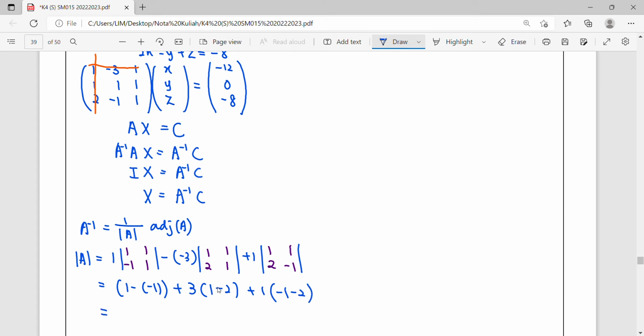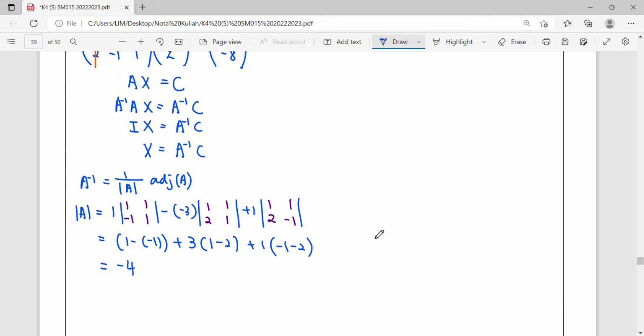So here will give us determinant -4. After getting our determinant, now we proceed to find our adjoint matrix. The adjoint matrix A is equivalent to the cofactor transpose.